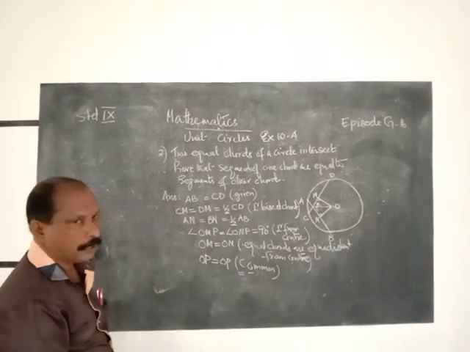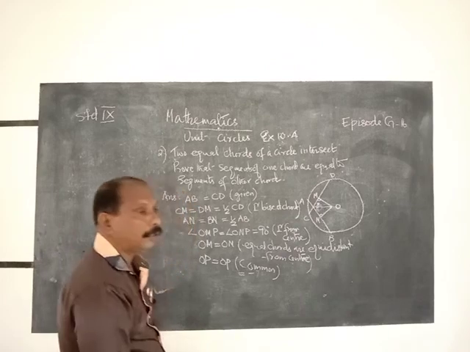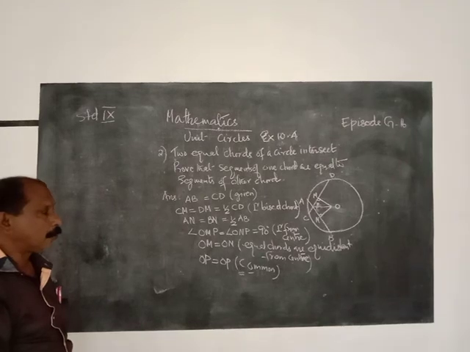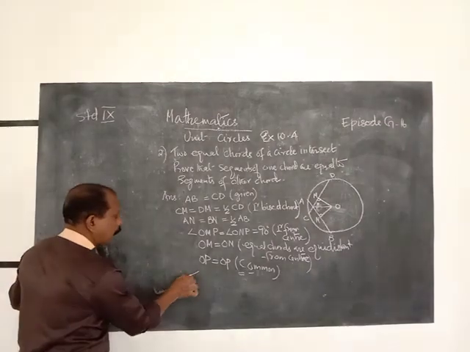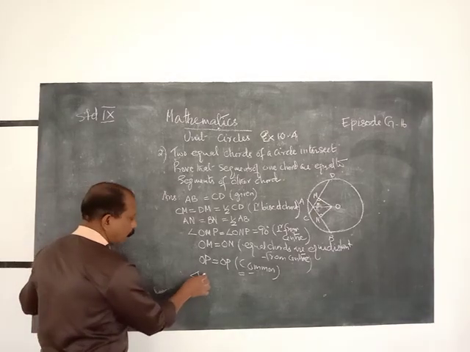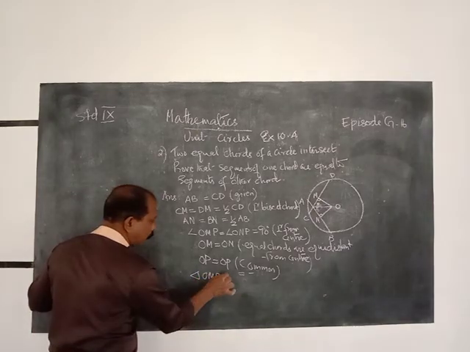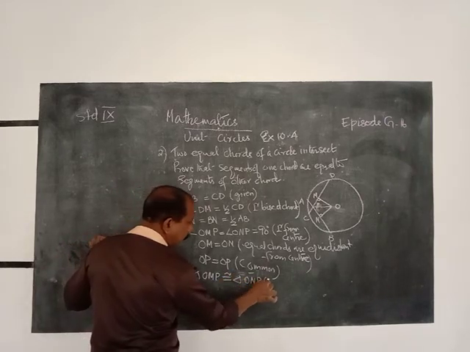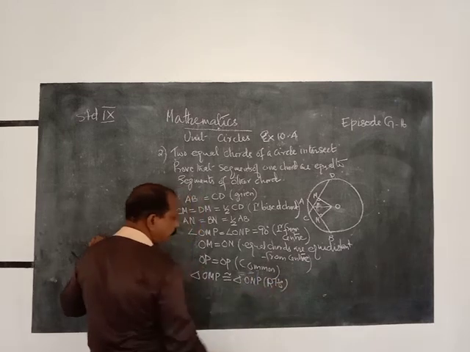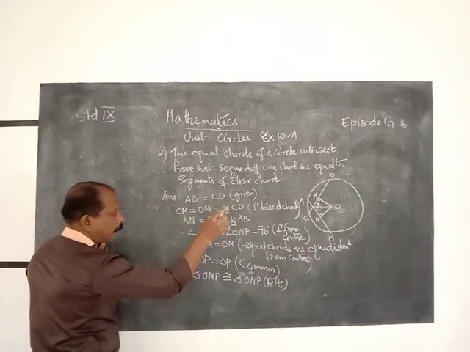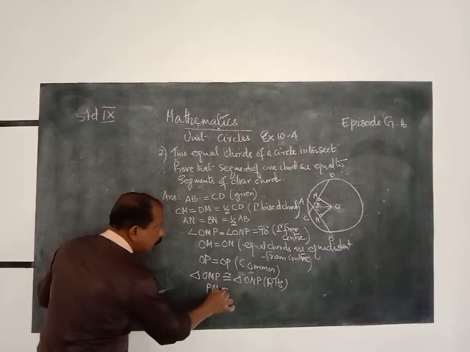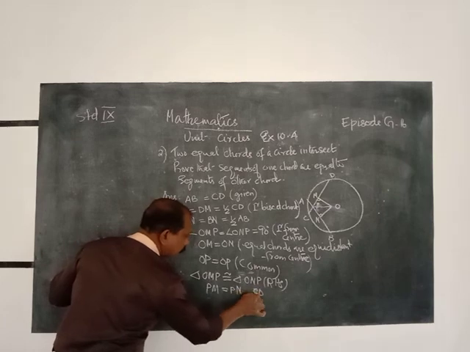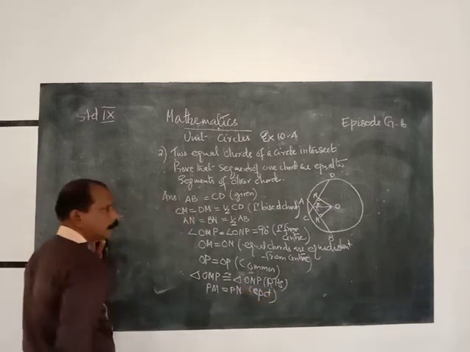Clear? Therefore, right angle triangle, 90 degree, hypotenuse OP and altitudes OM. Therefore, triangle OMP is congruent to triangle ONP, that is RHS theorem. Therefore, PM is equal to PN, that is CP. That's the concept of triangles.